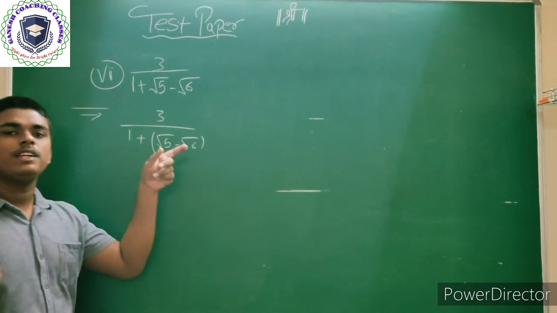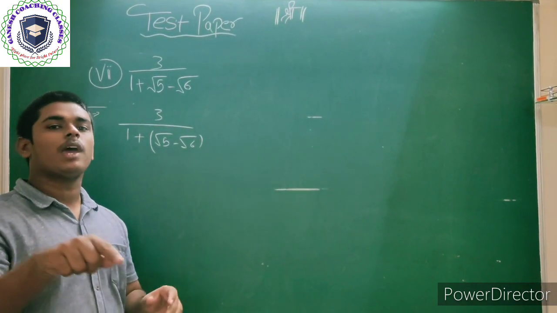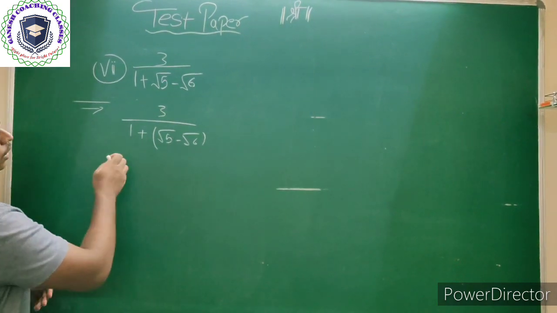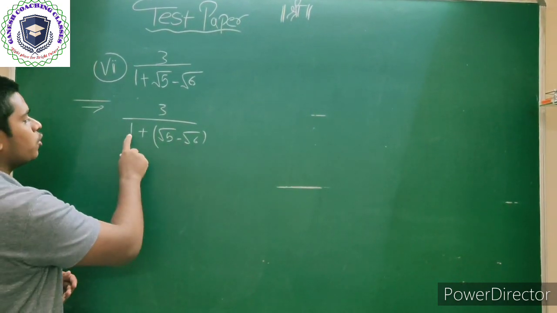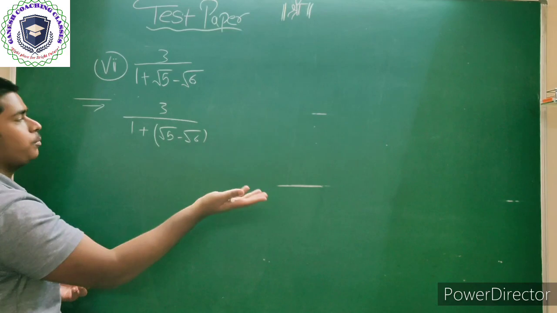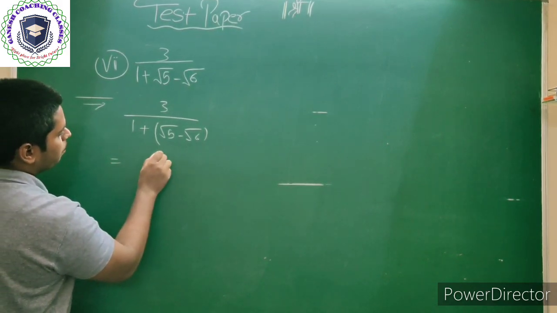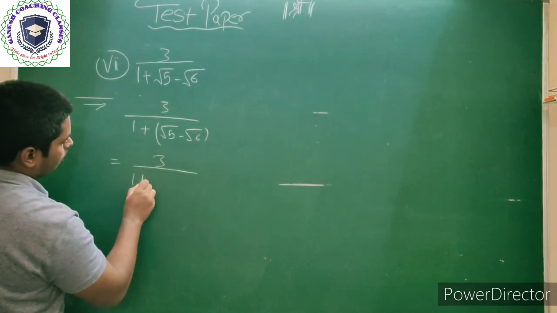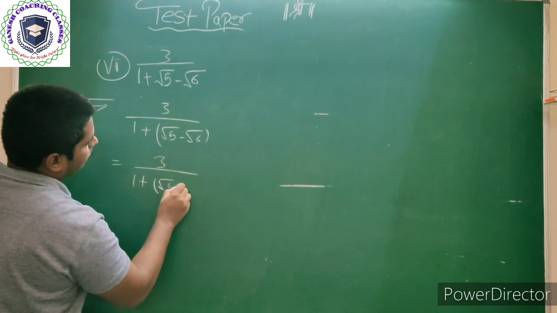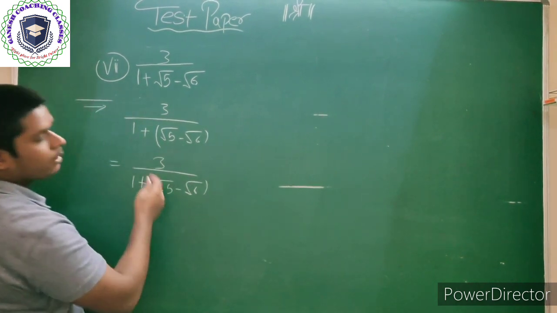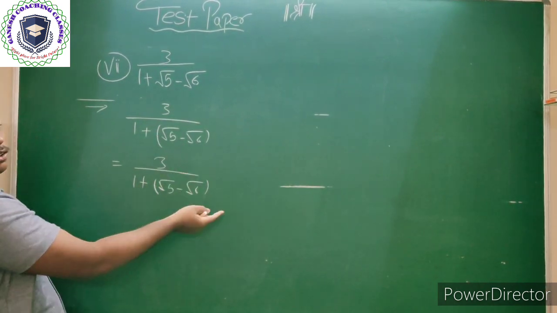So as we did in the previous question, we have to do in this question also. So what will be the conjugate of a plus b? a minus b. So we have to multiply here 1 plus root 5 minus root 6. So what will be the conjugate of 1 plus root 5 minus root 6?